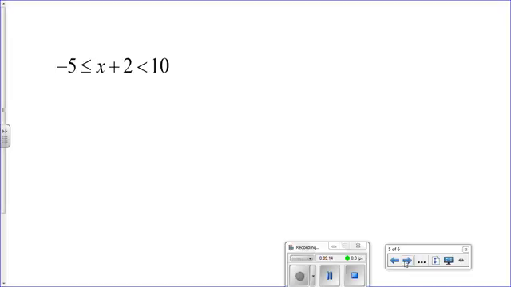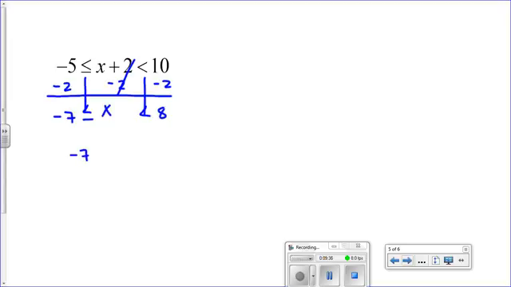Okay, this is a compound inequality as well. It's an AND because you have x in between two inequality symbols. So we need to subtract 2, this time from all 3 sides. Okay, so we can do our set notation.